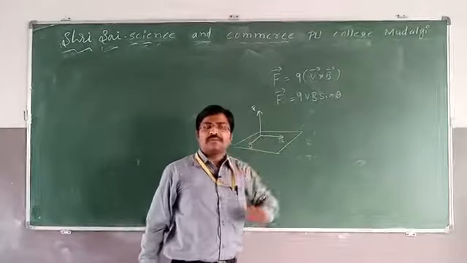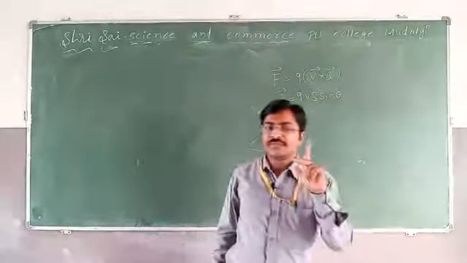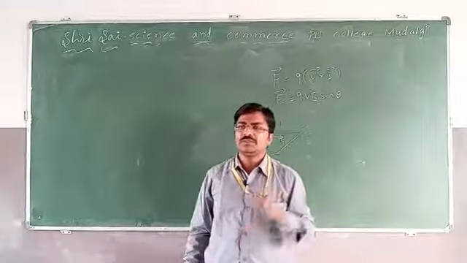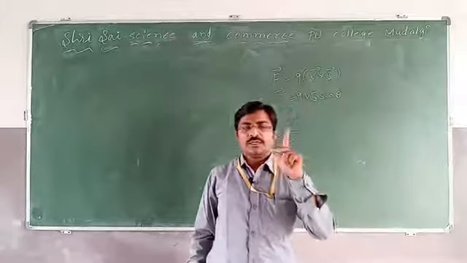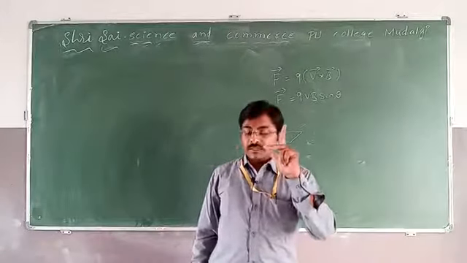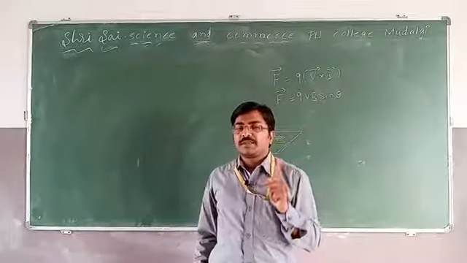To find the direction of this magnetic force, we use Fleming's left hand rule. You can also use the screw rule or thumb rule, but the left hand rule can also be used. How do we apply Fleming's left hand rule?